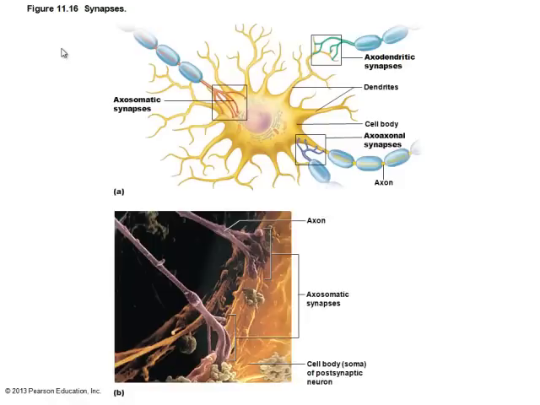Okay? Then we have group B fibers. They're lightly myelinated. They're kind of the intermediates. They have an average rate of travel. And then we have group C fibers, smallest diameter, non-myelinated, much slower pace.